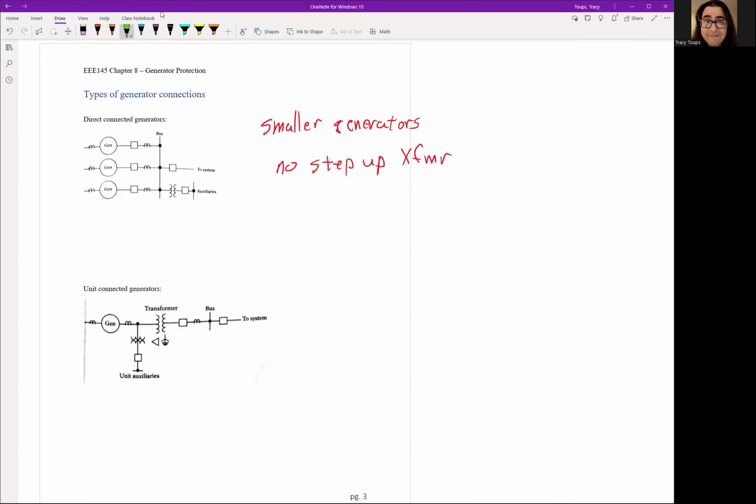The more popular one you're going to see is the unit connected generators. These are your bigger ones. Your bulk electric generators are going to be unit connected. So you're going to have a GSU attached, which is a generator step-up transformer.